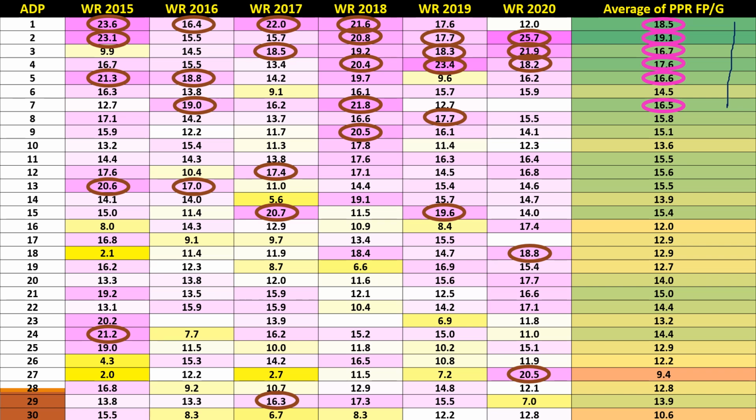And I can see, arbitrarily saying, at about ADP 15, as I look across the data, it starts getting really slim at that point for grabbing a top 5 wide receiver. The public is fairly good at picking.